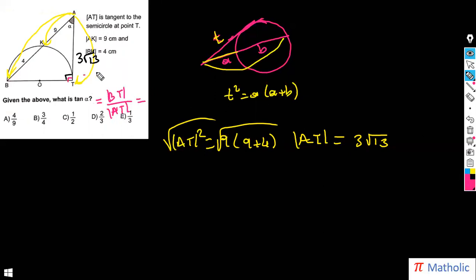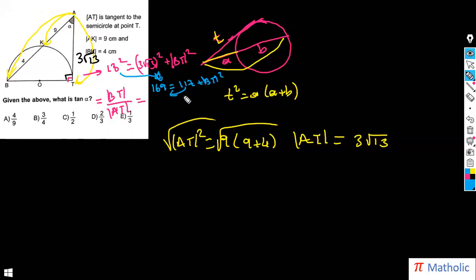We are going to find this relation, which is 13 squared equals 3 radical 13 squared plus BT squared. 13 squared is 169, and 3 radical 13 squared makes 117, plus BT squared.